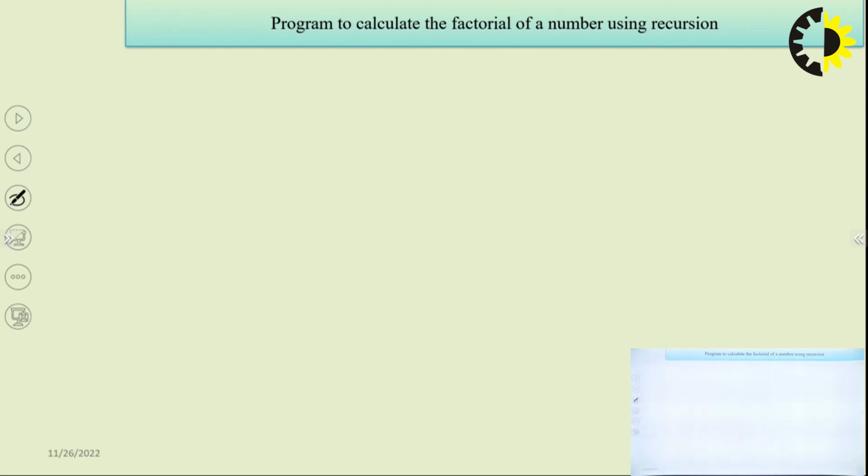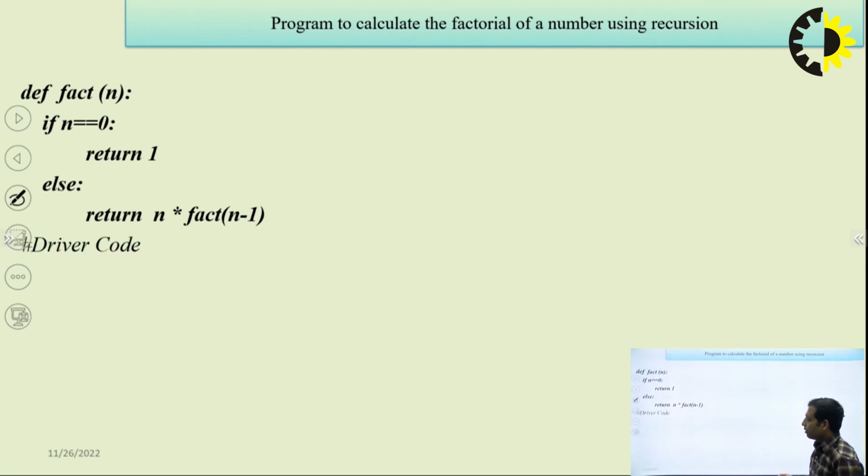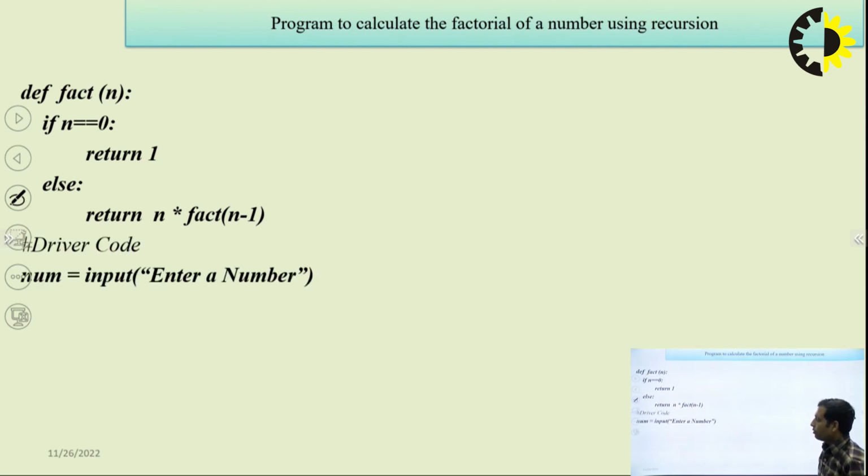Here is the program to calculate the factorial of a number using recursion, the same problem here. Now the complete program of recursion: we already made this function, else return n into factorial n minus 1, the complete function. Now in the driver code we simply collect the input from the user: enter a number, and we get the number entered by the user in the variable num.